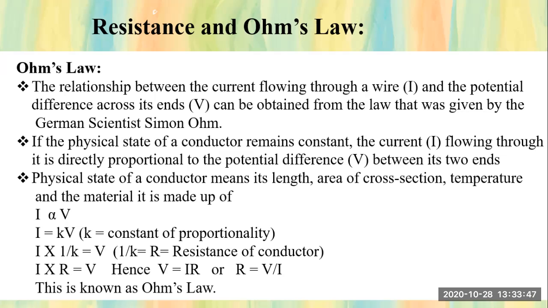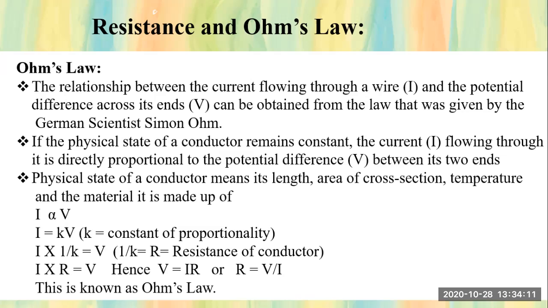Okay, so you understood what this first line means, if the physical state of the conductor remains constant. All the things which I have told you, length, area of cross section, temperature, material it is made of, this all physical state remains constant, means it does not change. It is constant, there is no variable, there is no change.